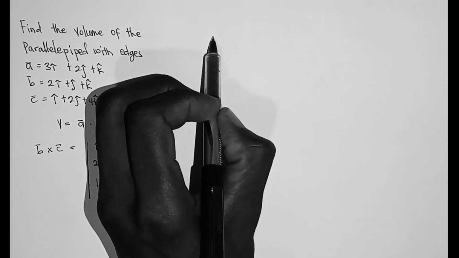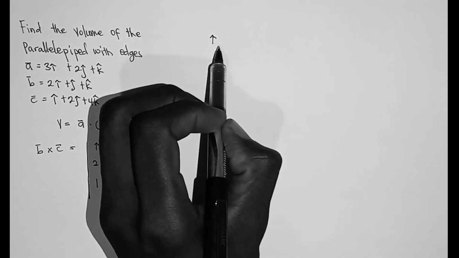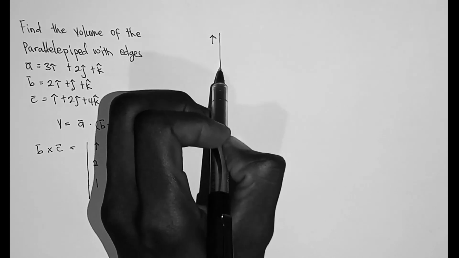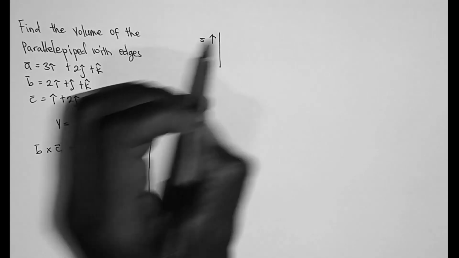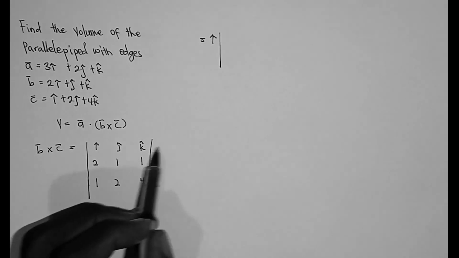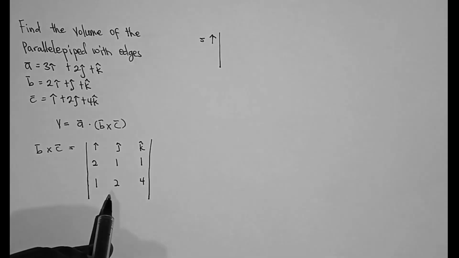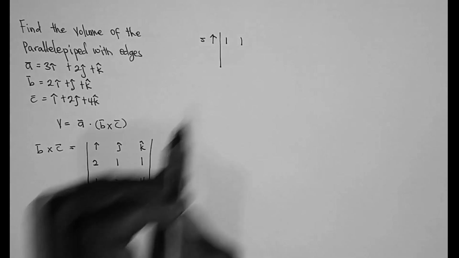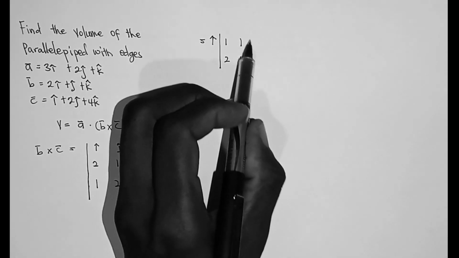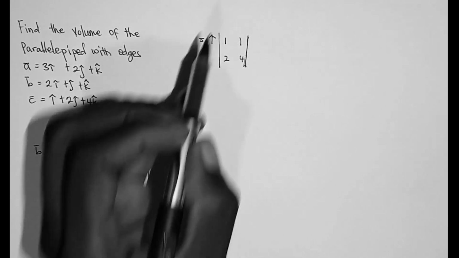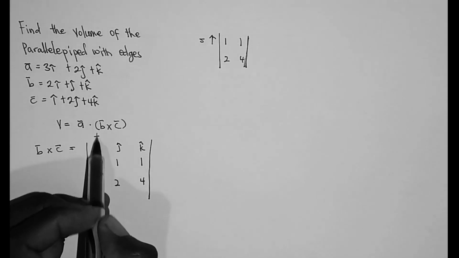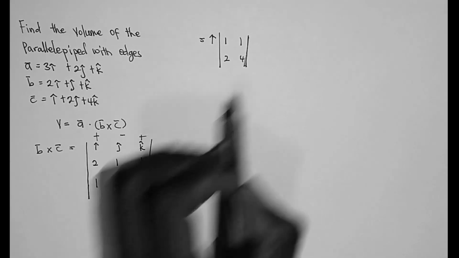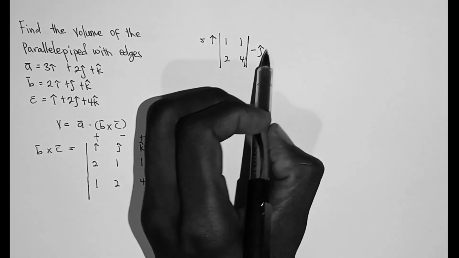So the first thing would be i. So this is equal to i, then we delete the row and the column of i and write the remaining 2 by 2 matrix. So this will be 1 1 and then 2 4. Then minus j, remember we are using plus minus plus, so minus j.